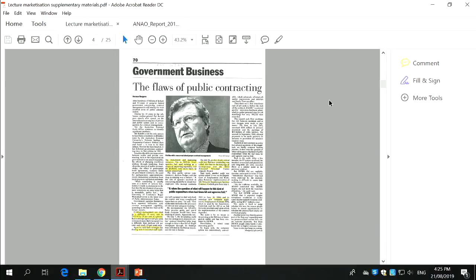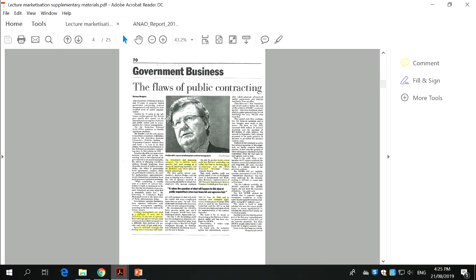Talking about the flaws of public contracting, this goes back a while ago, to 2005. This is Pat Barrett, the former Auditor General, who was the Auditor General at that time. Pat will be one of the guest speakers for public sector audit in week 9.